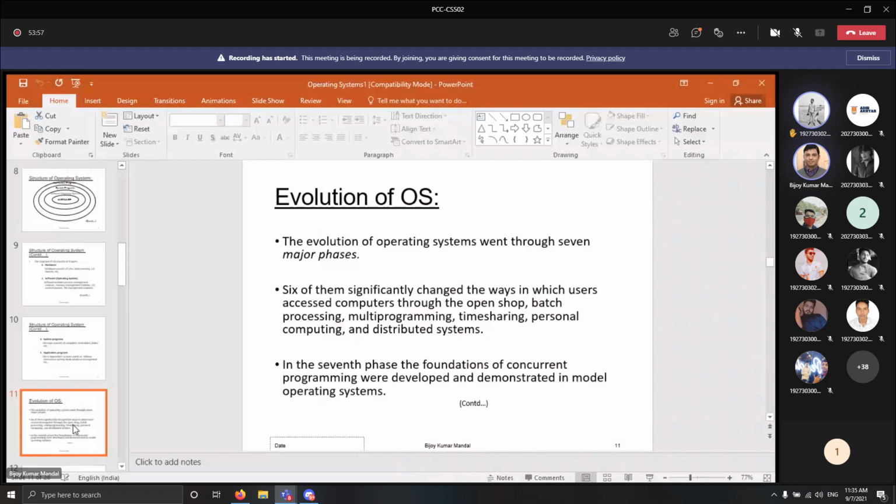Android OS 11 was released in September 2020. Okay. And now we are using Android OS 12.